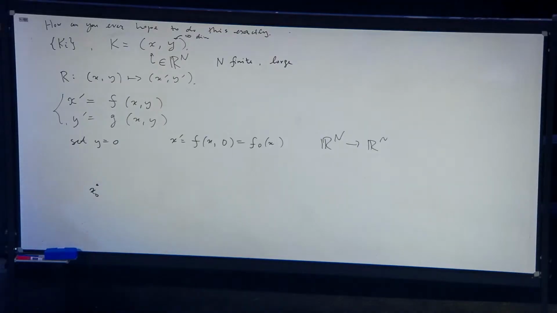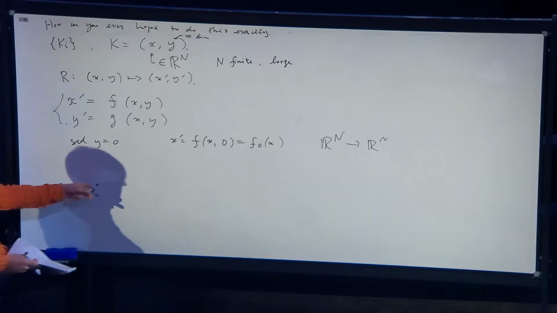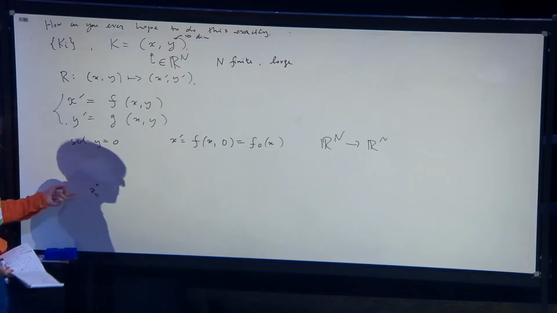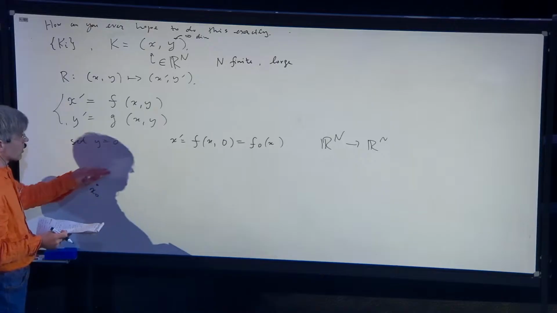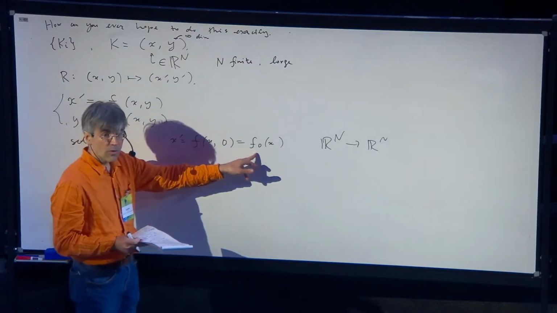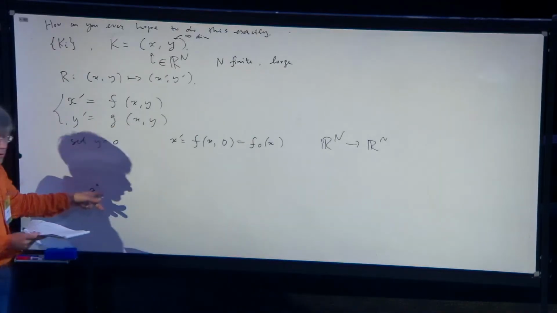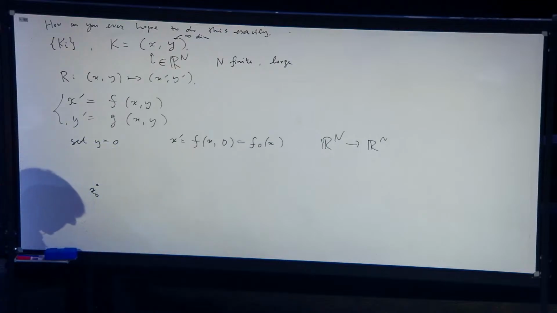Once I found this fixed point x_0, maybe numerically, maybe I guessed it, you can also try to study the RG flow of f_0 around this approximate fixed point x_0.